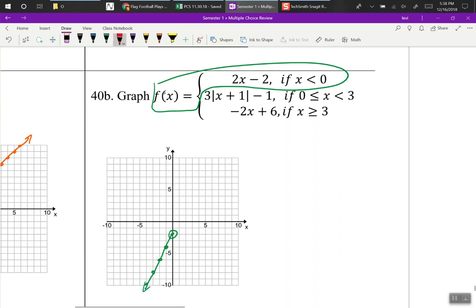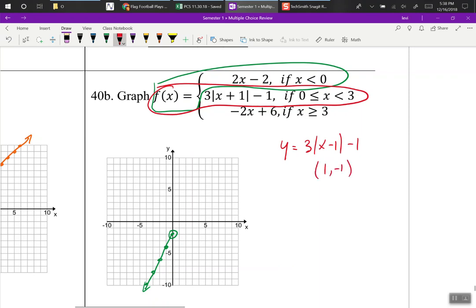Our next one, a little bit tricky here. This is an absolute value equation, so y equals 3 times the absolute value of x minus 1, minus 1, so our vertex is 1, -1. Vertex 1, -1, right there.